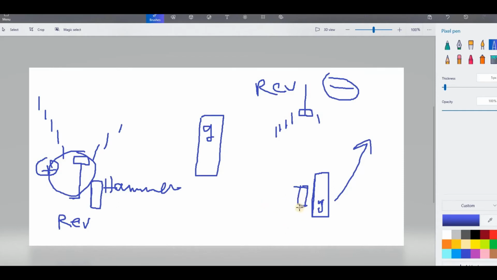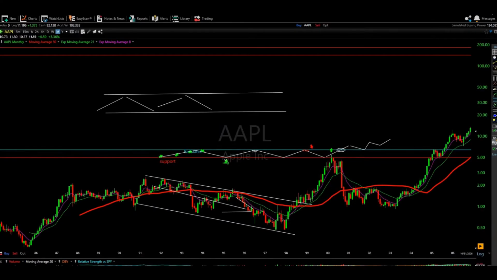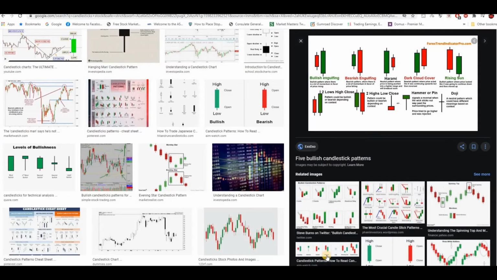If this one is green and this one is red, it will mean the other way around. Let me see if I can find some examples in here. So this one will be a bullish engulfing candle, a bullish pattern where there's a lot of momentum in favor of price rising, and this one will be the reverse. It will be the other way around.